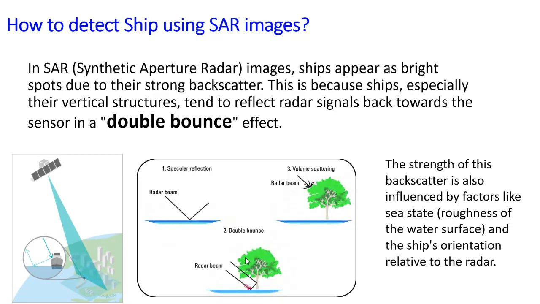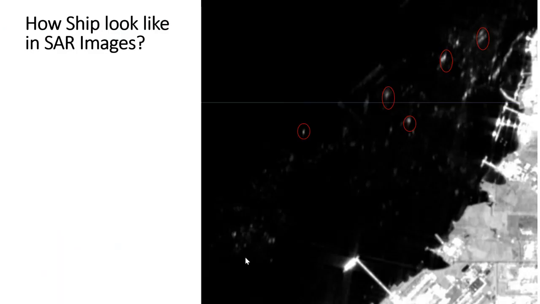The strength of this backscatter is also influenced by factors like sea state, which I have already mentioned before, roughness of the water surface, and the ship's orientation relative to the radar. So it is influenced by the ship's orientation. And how do ships look in SAR images?